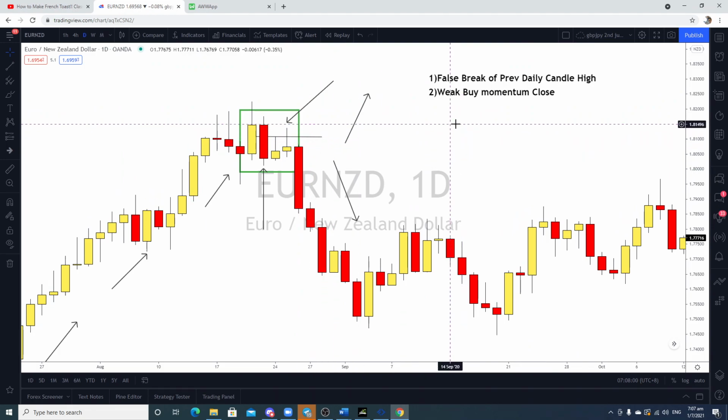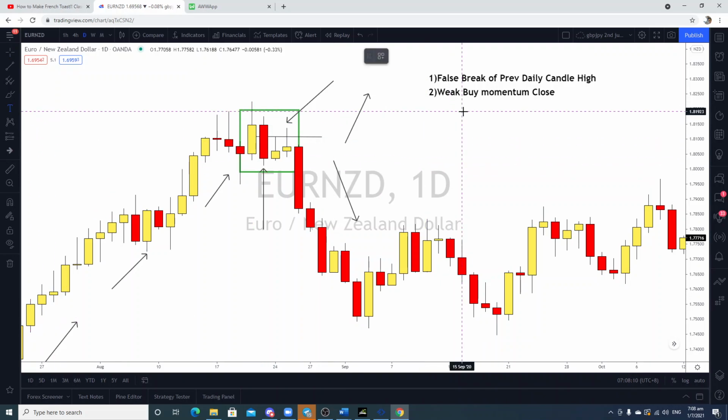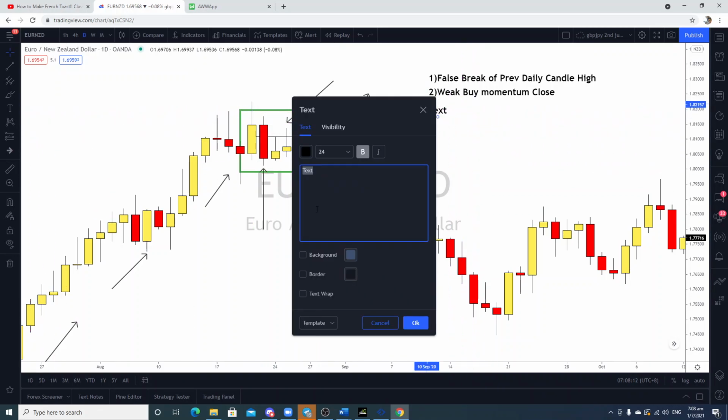Number three confluence is not really much of a confluence.